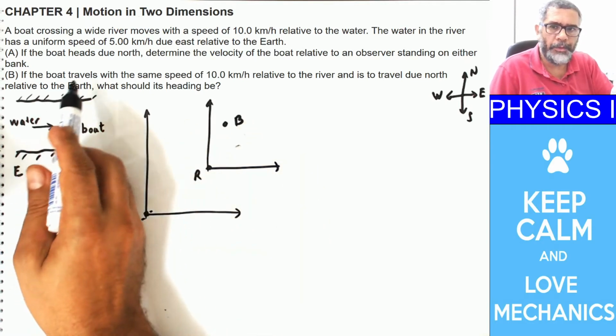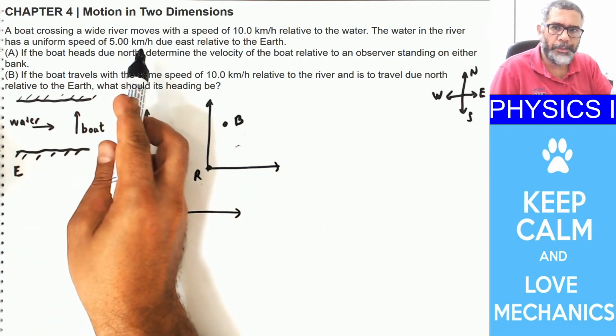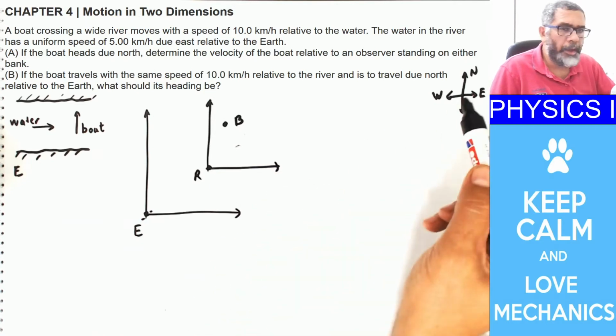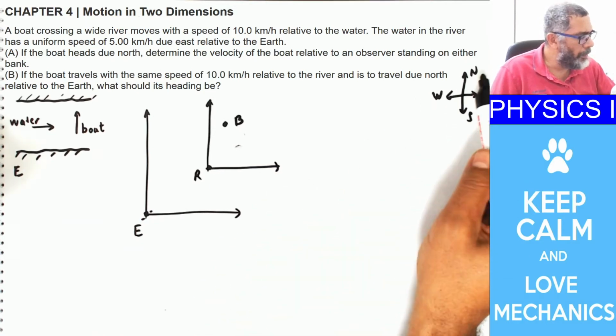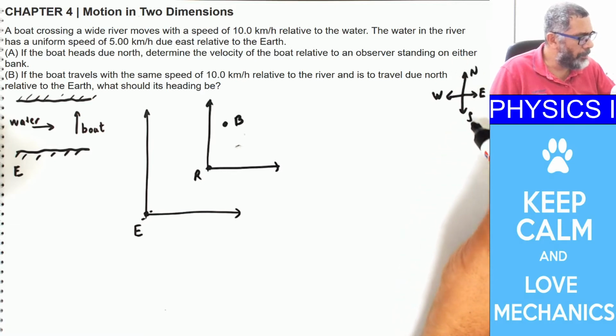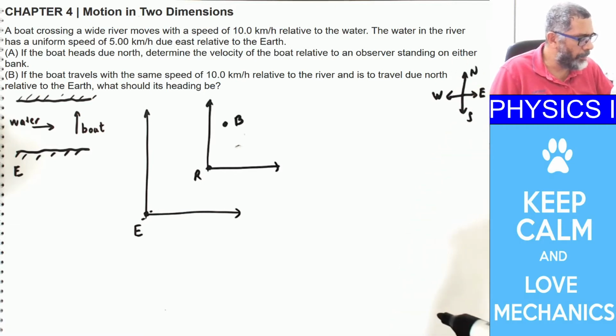The water is flowing at 5 kilometers per hour due east, and I have drawn over here that east shows this direction, west is the opposite, north is up, and south is the opposite of north, which is down, okay?